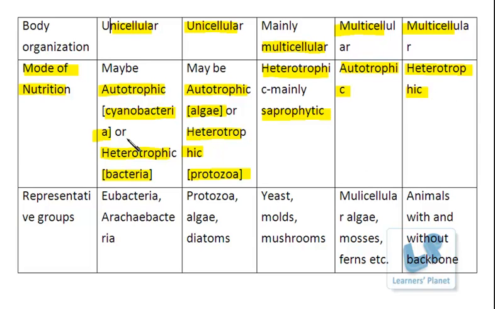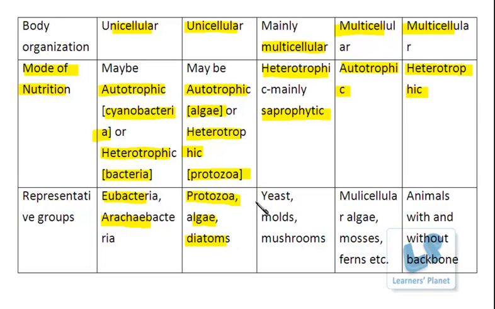Representative groups are Eubacteria and Archaebacteria in the Monera. In the case of Protista, the subgroups are protozoa, algae, diatoms, etc.